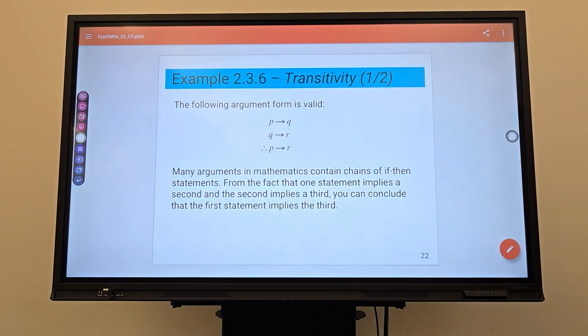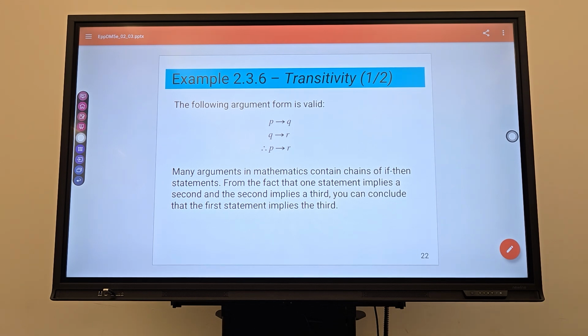Transitivity. P implies Q, Q implies R, therefore P implies R. You can have long strings of if-then statements, chains of them, and one implies the next and the next and the next.